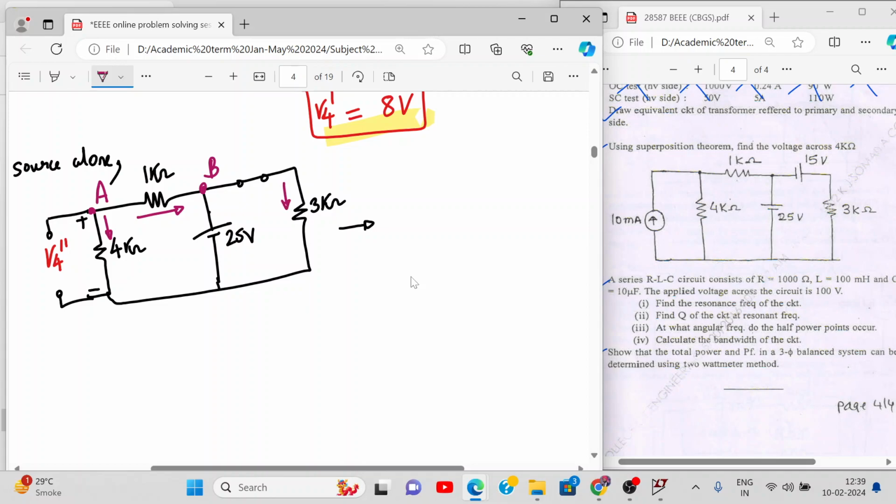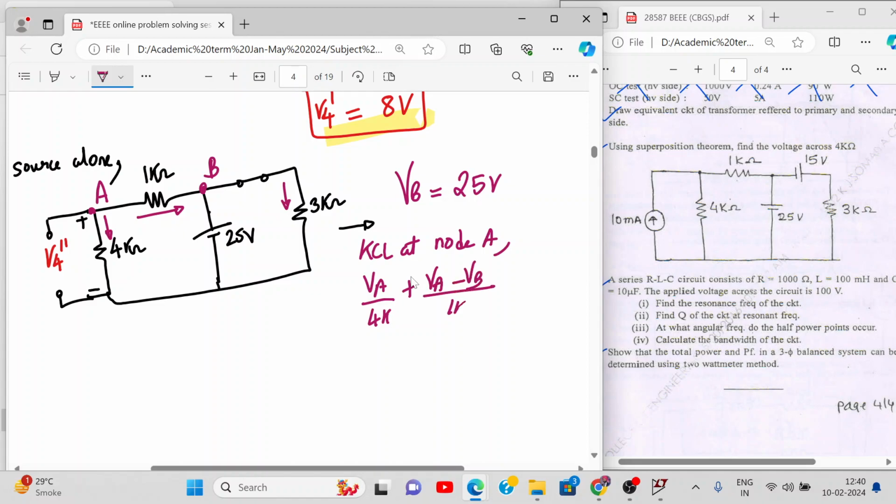So tell me what is VB directly. 25. Yeah, so we have to find VA, right? So how will you apply KCL at node A? Outgoing current. So VA upon 4K plus (VA minus VB) upon 1K is equal to 0.